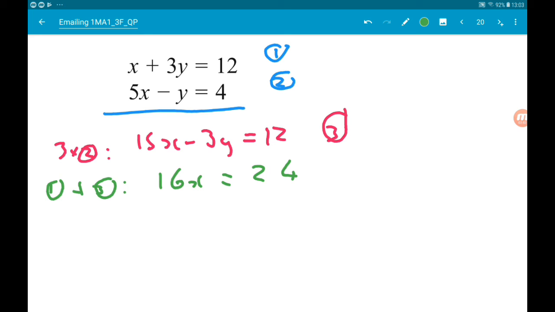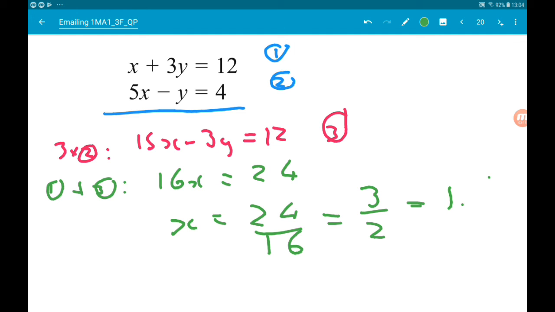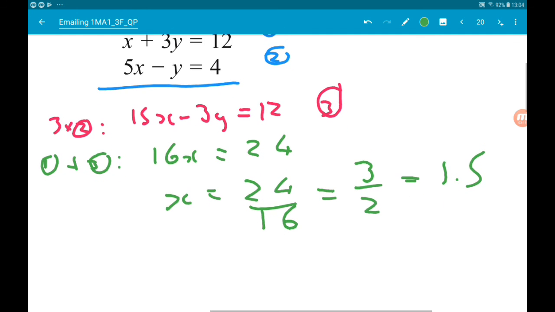So we get x is 24/16, which is 3/2, which is 1.5. So we now know x is 1.5.